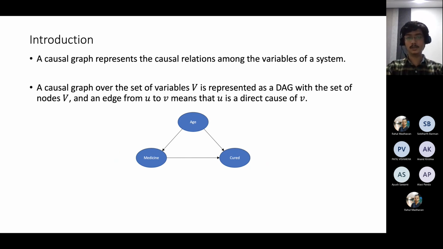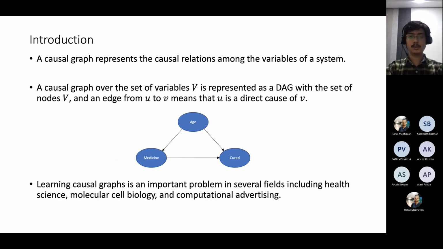So this can be represented as a causal graph in the form of a directed acyclic graph, as we can see here. Okay, so today I'll be focused on the problem of learning causal graphs, and this is important in several fields, including health science, molecular cell biology, and computational advertising.